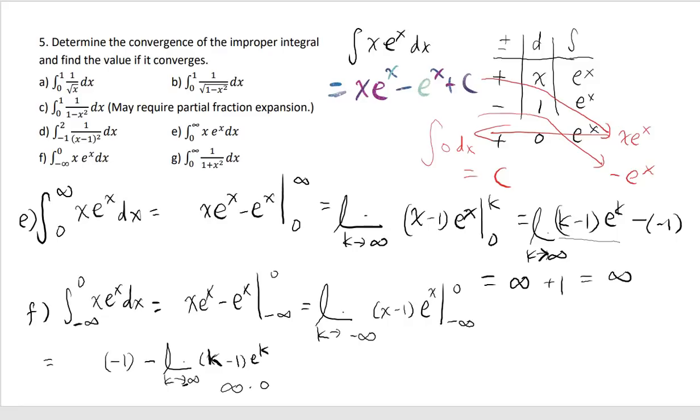Now, one nice approach would be actually to do the substitution. So just say, instead of using k, say t goes to infinity and put negative t instead of k.